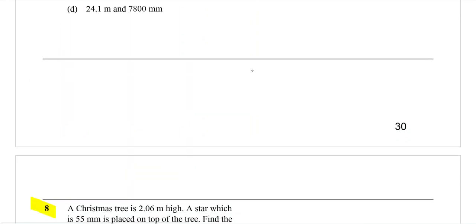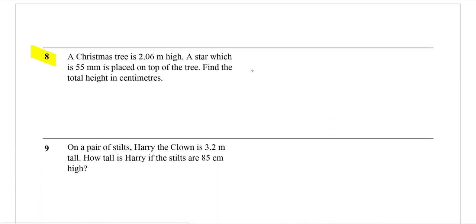All right, next page. A Christmas tree is 2.06 meters high. A star which is 55 millimeters is placed on top of the tree. Find the total height in centimeters. Neither of those measurements are in centimeters, so I'm going to have to convert both of them.